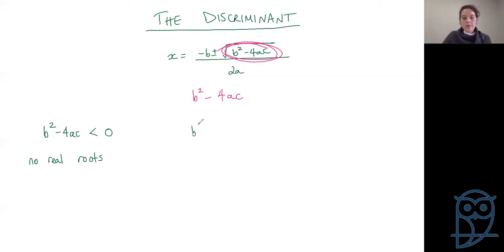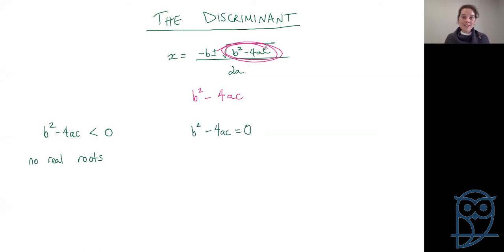If we have b squared minus 4ac equals 0, then we'd be saying minus b plus the square root of 0, or minus the square root of 0. Well, the square root of 0 is 0, so we'd be doing plus nothing minus nothing. So we're not changing anything. So in this case, our answer when we use plus is exactly the same as our answer when we use minus.